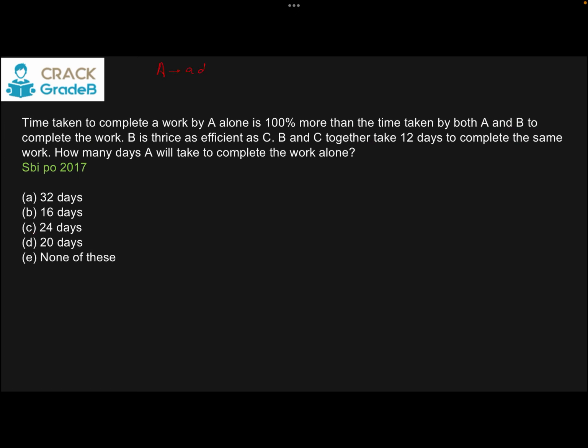Let's say A takes A days to complete a work, B takes B days to complete a work. So together A and B, they are going to take AB upon A plus B days to do the work.